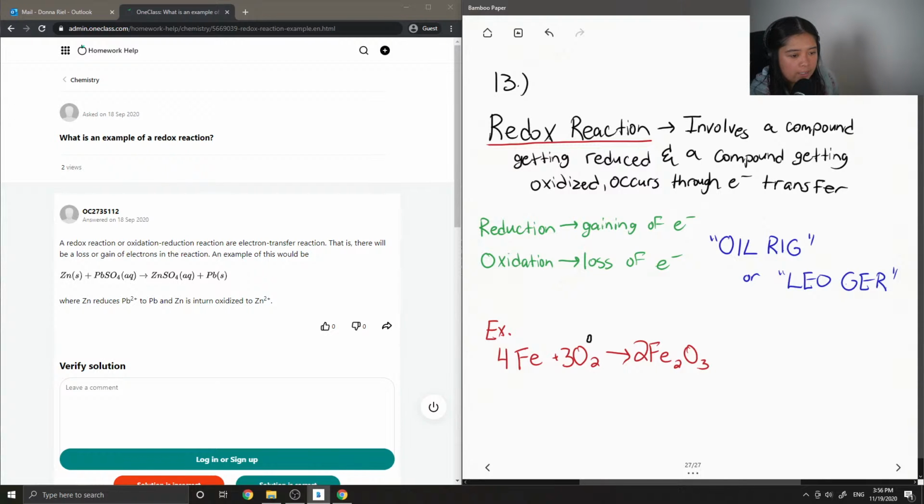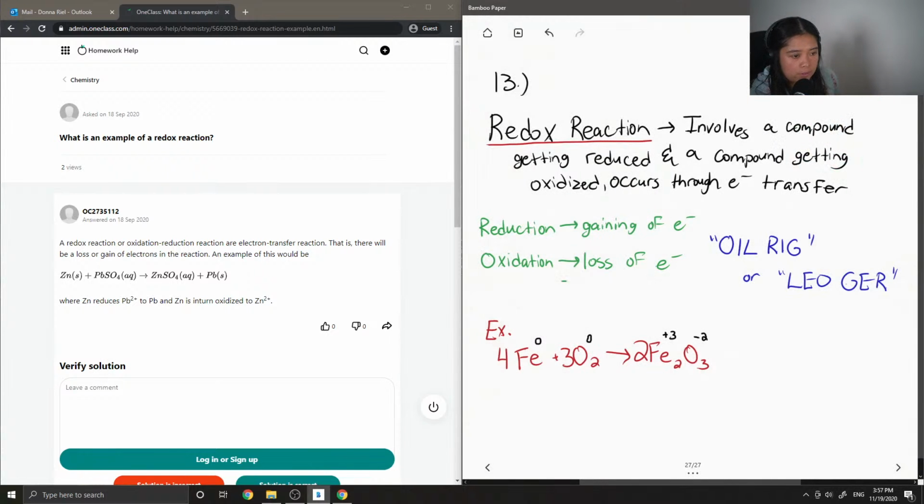Let's say we had our oxygen, which goes from an oxidation number of 0, and then when it is in the compound, it goes to an oxidation number of -2. In the case of the iron, it goes from an oxidation number of 0 to an oxidation number of +3.